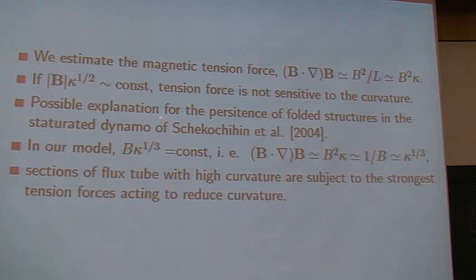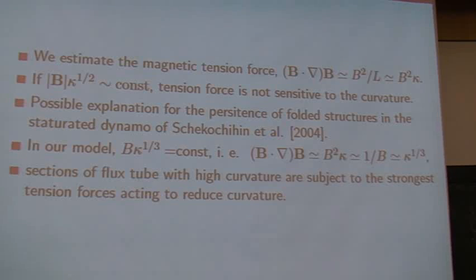And maybe that's an explanation for why their fold structures remain persistent in the saturated dynamo. With our b kappa to the third being roughly constant, you can run it through and you find that the tension force is sensitive to the curvature. So higher curvature is subject to the strongest tension forces.